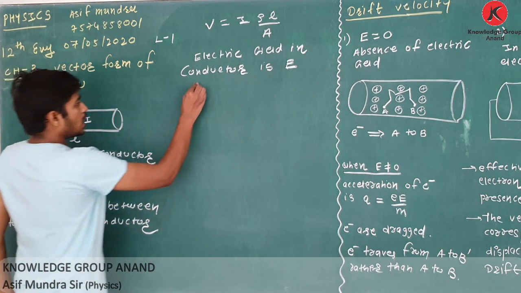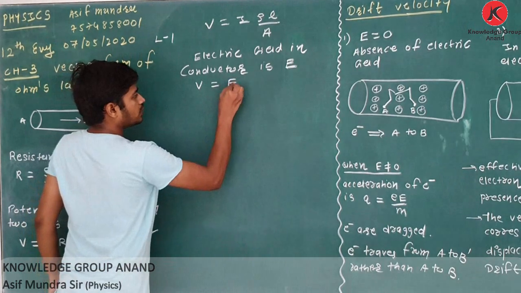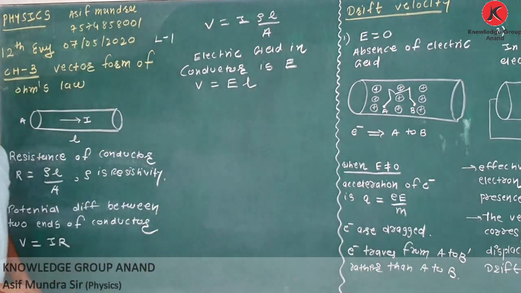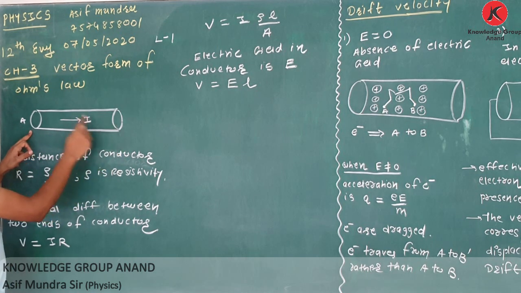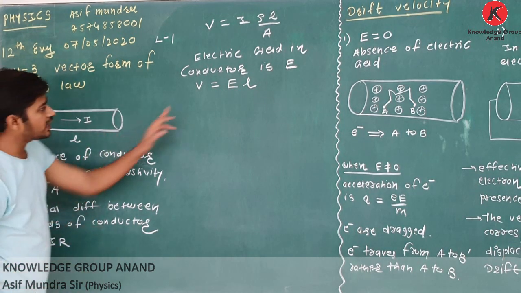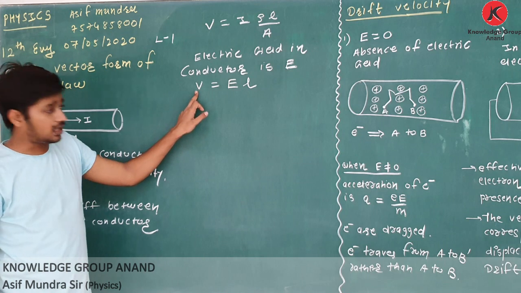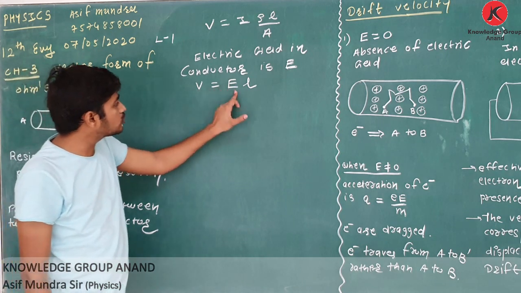You know this: V is equal to EL, where L is the length of the conductor.